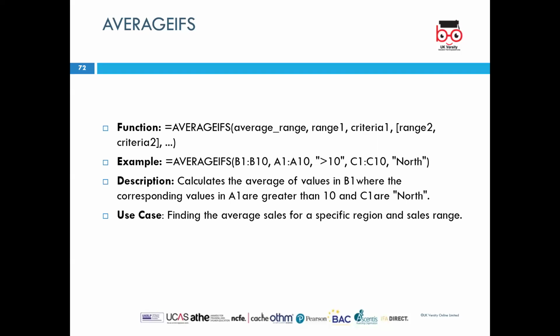With AVERAGEIFS, this will calculate the average of values in B1 where the corresponding value in A1 is greater than 10 and C1 meets the second condition. The use case is finding the average sales for a specific region and sales range.